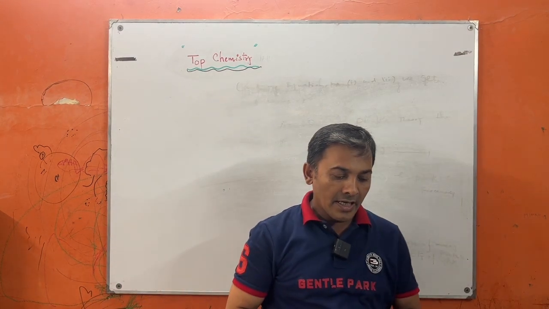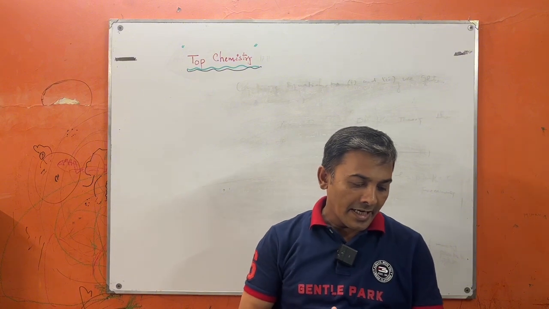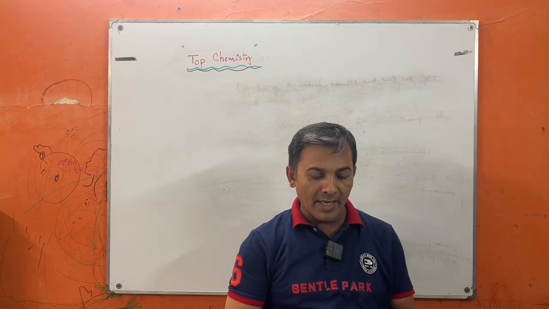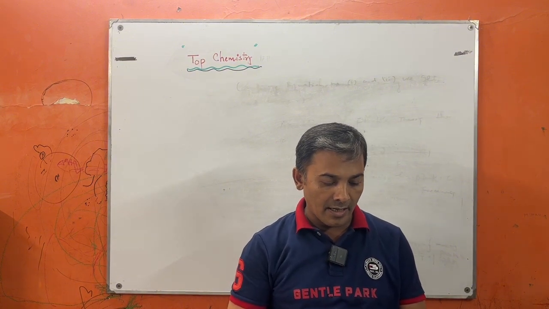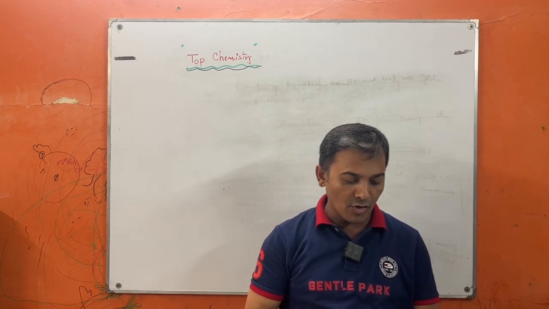The second question is calculation of the wave number of an electron moving in an orbit outside the nucleus of an atom.